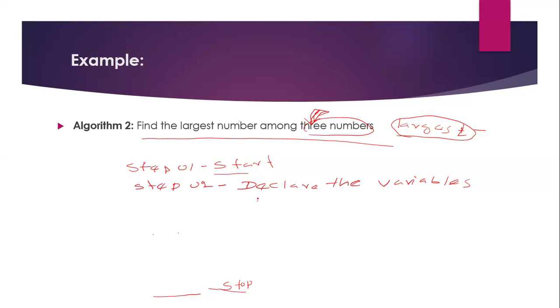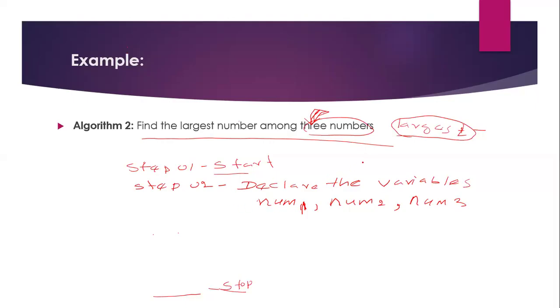So here I have three names: num1, num2, and num3.